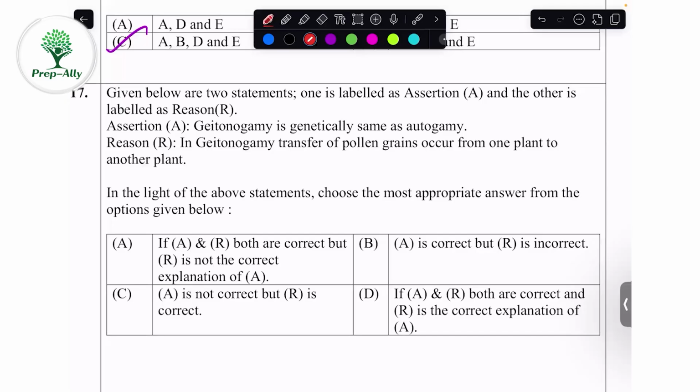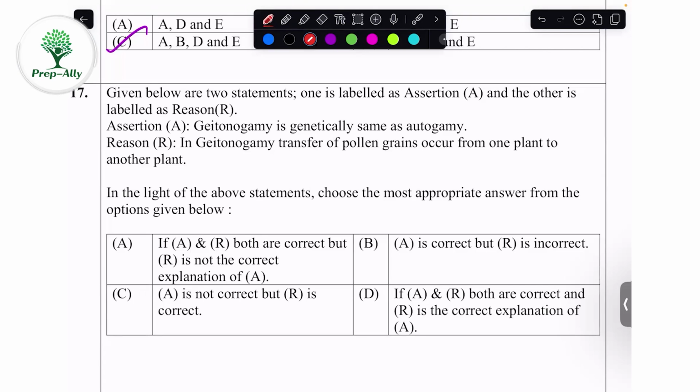In theory we can call it cross-pollination, but genetically, pollen grain is transferred from one stamen to a pistil.